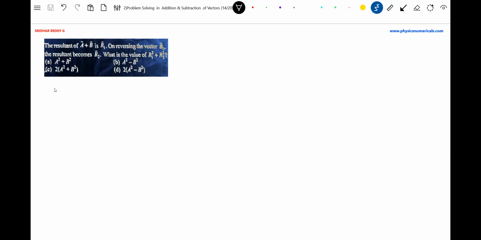The resultant of A bar and B bar is R1. On reversing the vector B bar, the resultant becomes R2 bar.